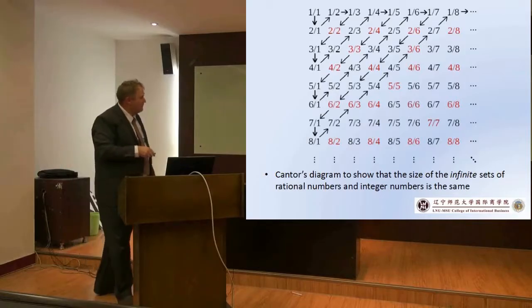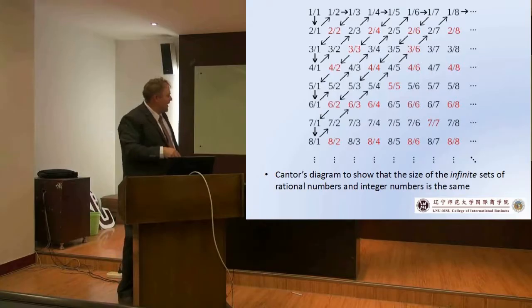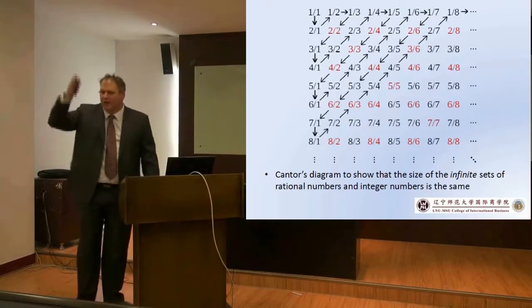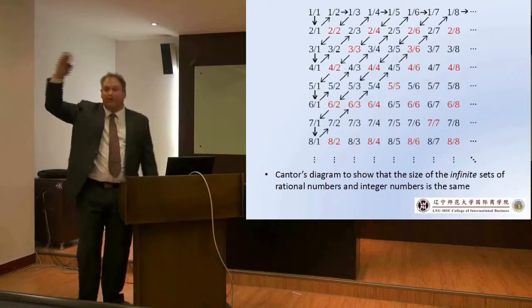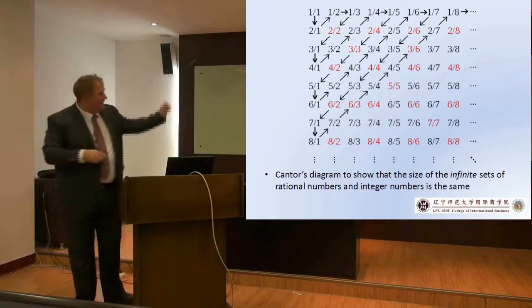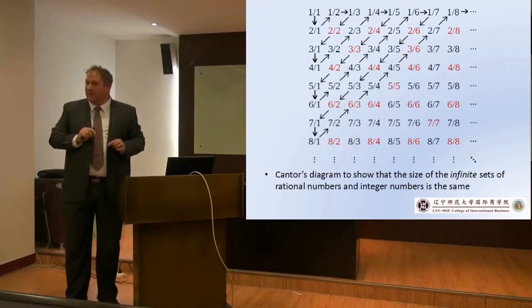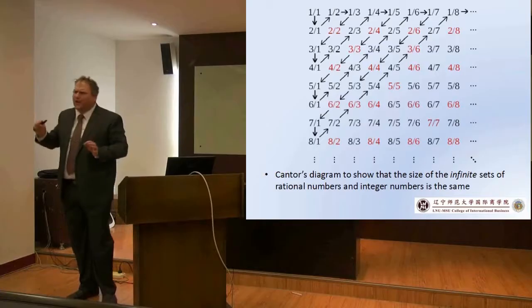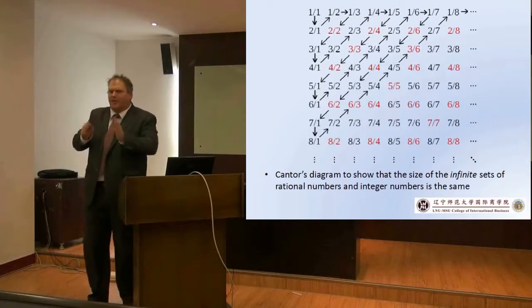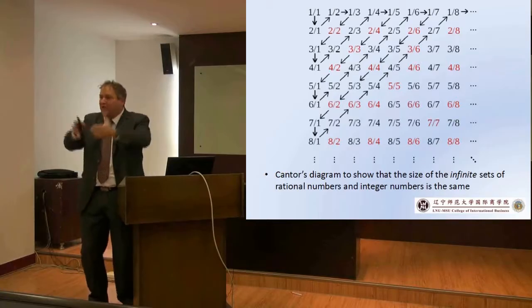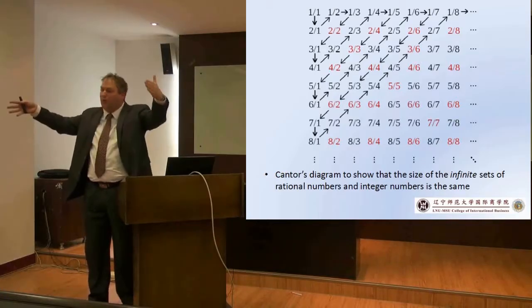Well, he showed here that the size of infinite sets of rational numbers, remember rational numbers? 1/2, 1/5, 3/4, 6, whatever. It had, believe it or not, the same size as integer numbers. If you think about that, it's kind of weird, right? Like if you look at all the numbers between 1 and 2, yes, rational numbers, you think there's an infinite number of rational numbers between 1 and 2.